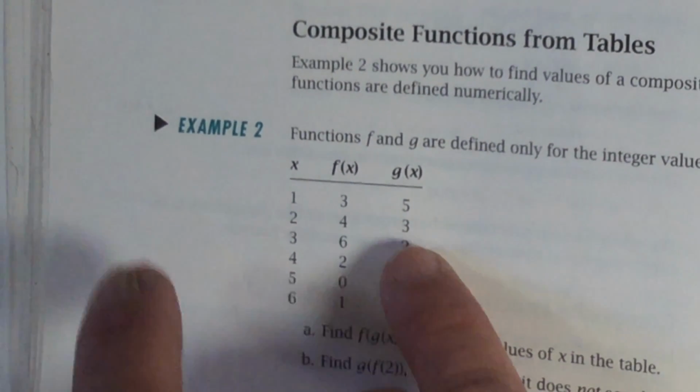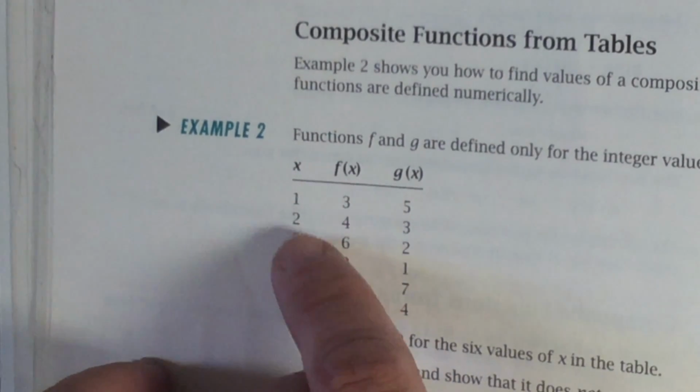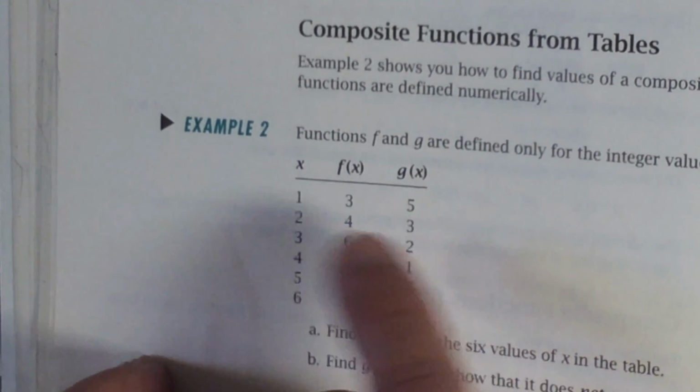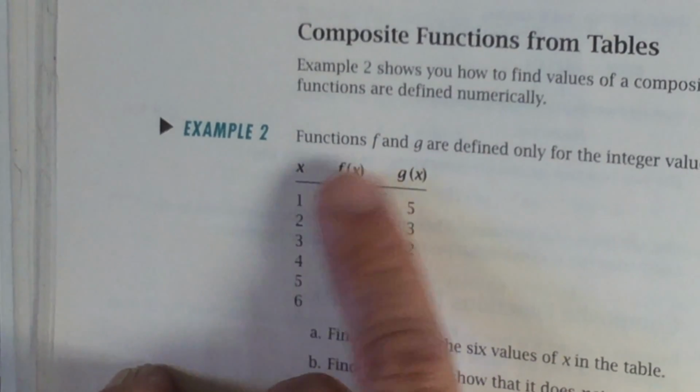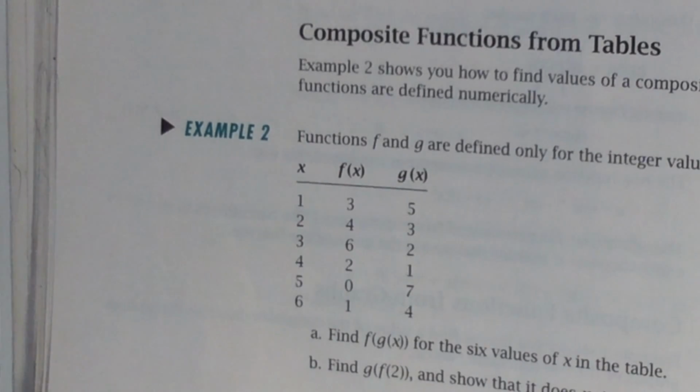Because the 1 is mapped onto the 3, and the 3 is mapped onto the 2. And the fact that this happens in the middle doesn't matter if I'm doing it as a composite function.